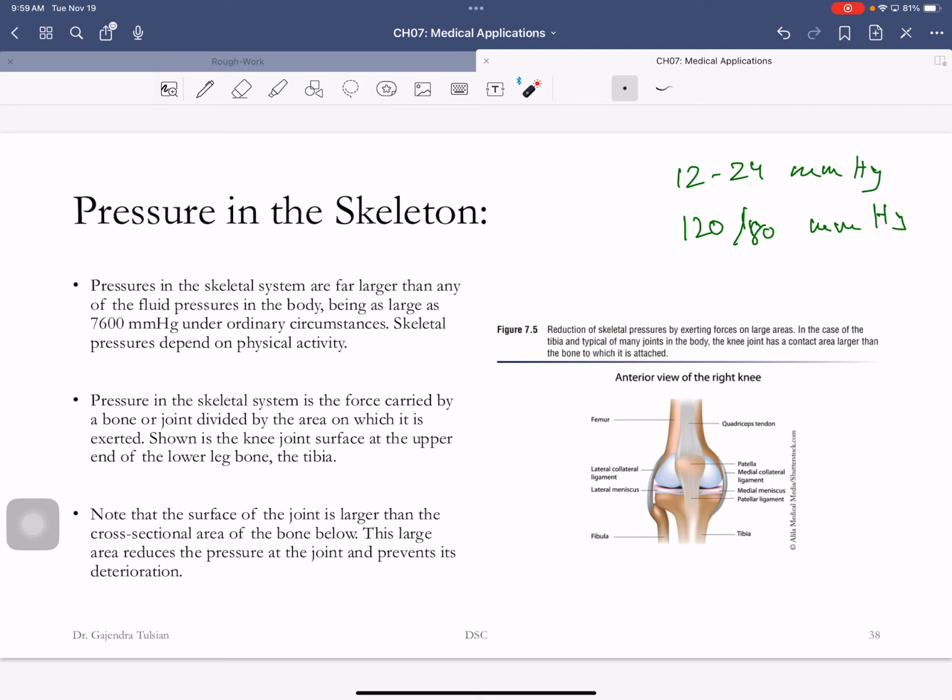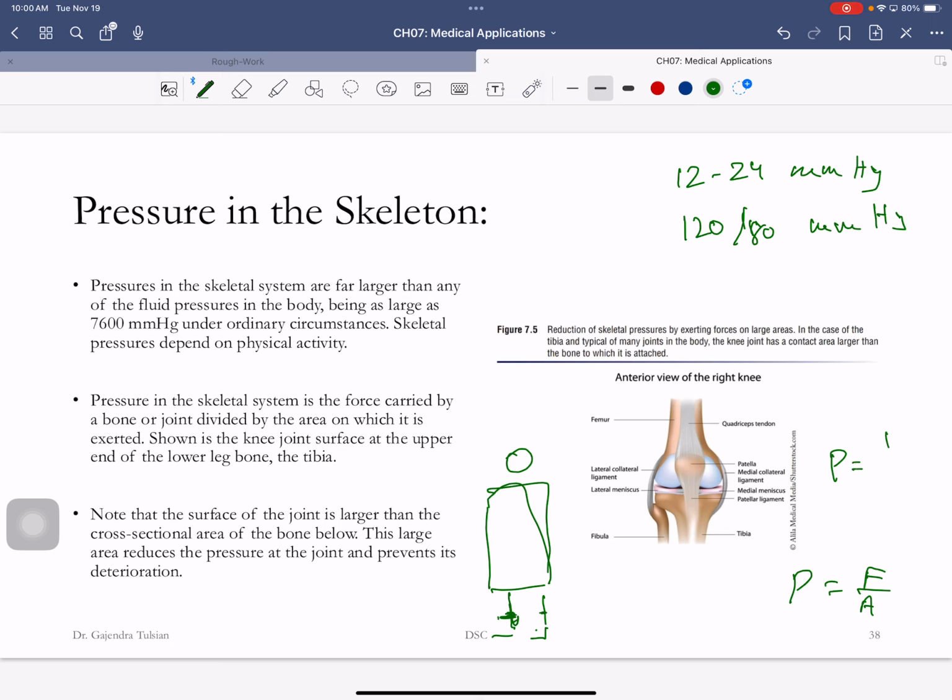So when you're standing like this, I don't draw too well, but this bone and this bone, that bone is bearing half your weight. But I'll point out something interesting. Pressure is force divided by area, and the force being exerted there is half your body weight on each bone.